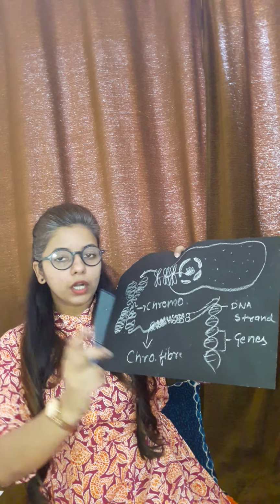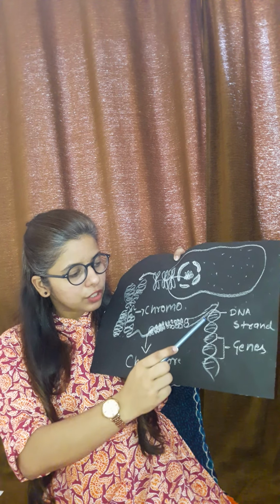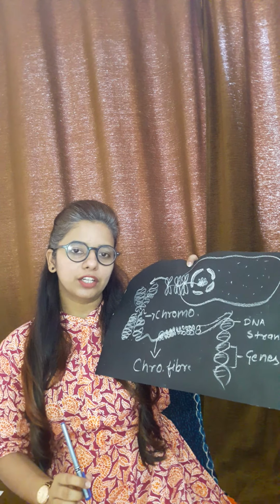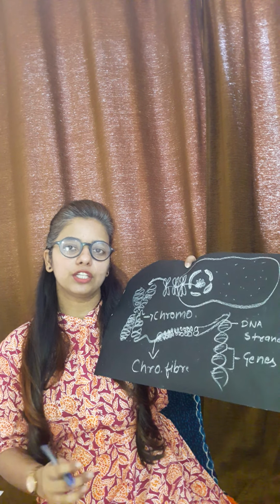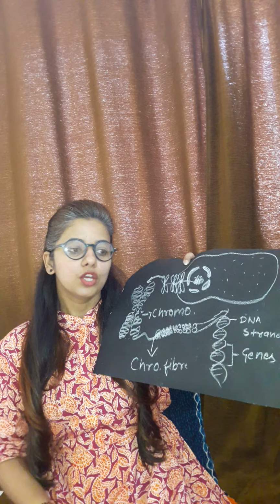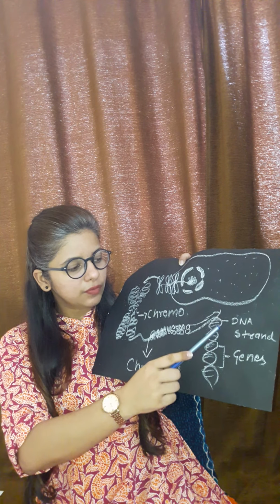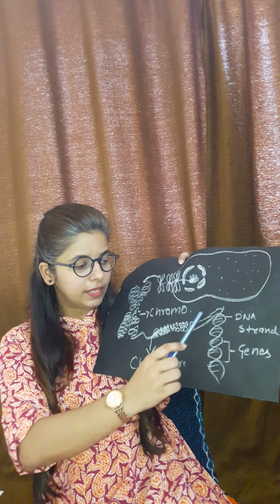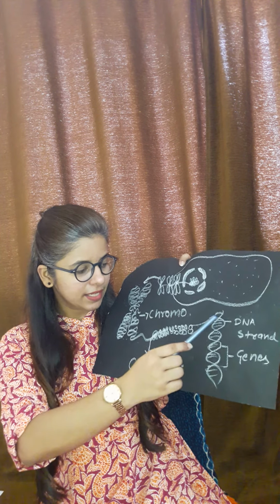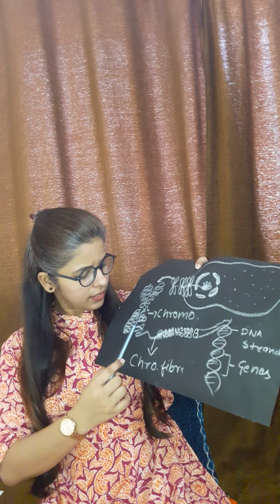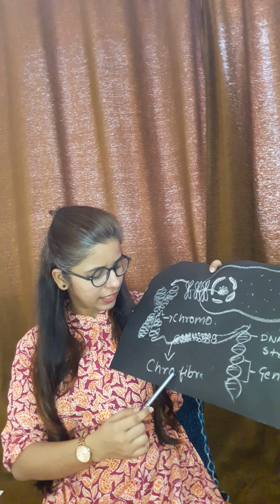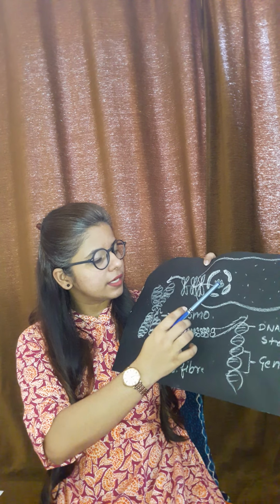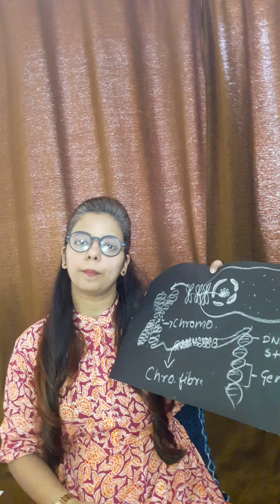The non-functional unit does not work as a gene. So DNA is made up of functional units, which are genes. Chromatin fiber is made up of double stranded, double helix DNA, the chromosome is made up of chromatin fibers, and the genetic material present inside the nucleus is made up of chromosomes.